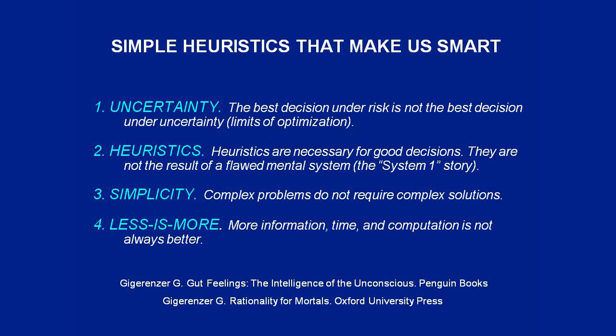I was talking about uncertainty. The best decisions that the textbooks teach are not the best ones in the real uncertain world. Many management theories teach you to look at everything. That's the worst thing you can do. Second, heuristics. Heuristics are not what you usually hear, something second best. But in an uncertain world, heuristics can do better than complex models, and they are not the result of a flawed system.